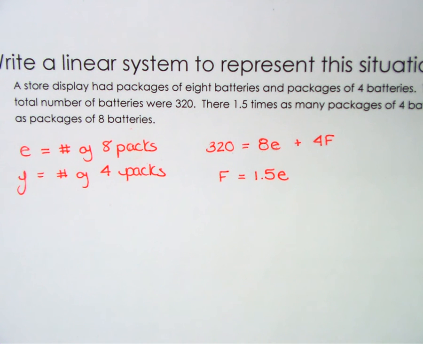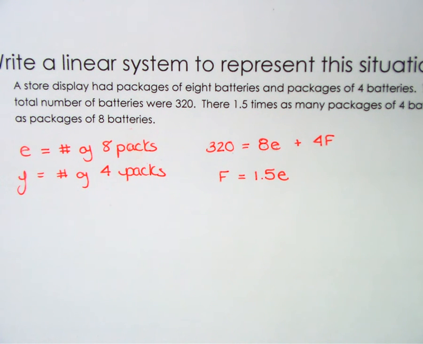So that's what it was like the bus question, because it was about the people on the buses. Now, the next part was a little bit tricky, but it's kind of like doing the opposite. There's 1.5 times as many 4 battery packs as 8 packs of batteries. So which one has more?